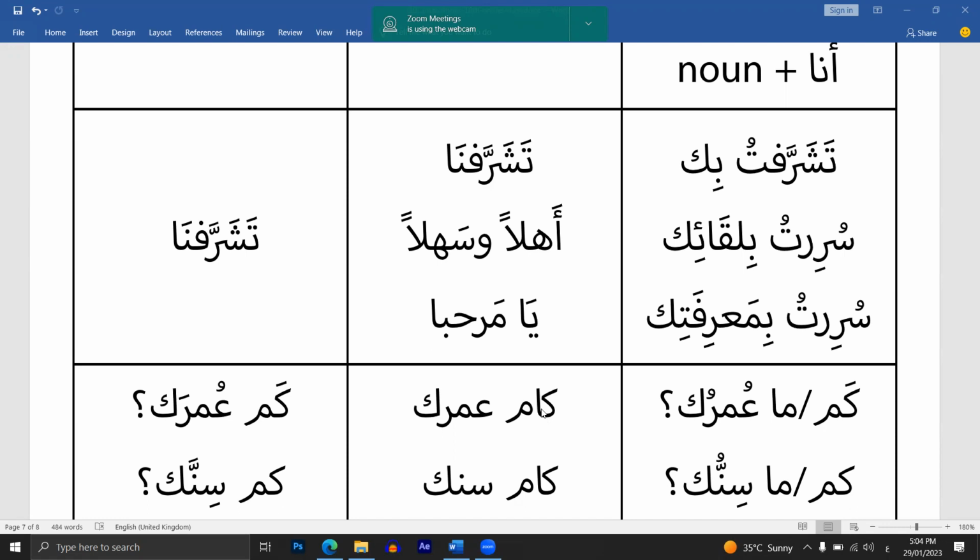Mrs. Noura. Can you join, please? If you cannot join, it's okay. It's up to you to participate. Okay, Mrs. Noura, can you join us? Okay, open your mic, please.